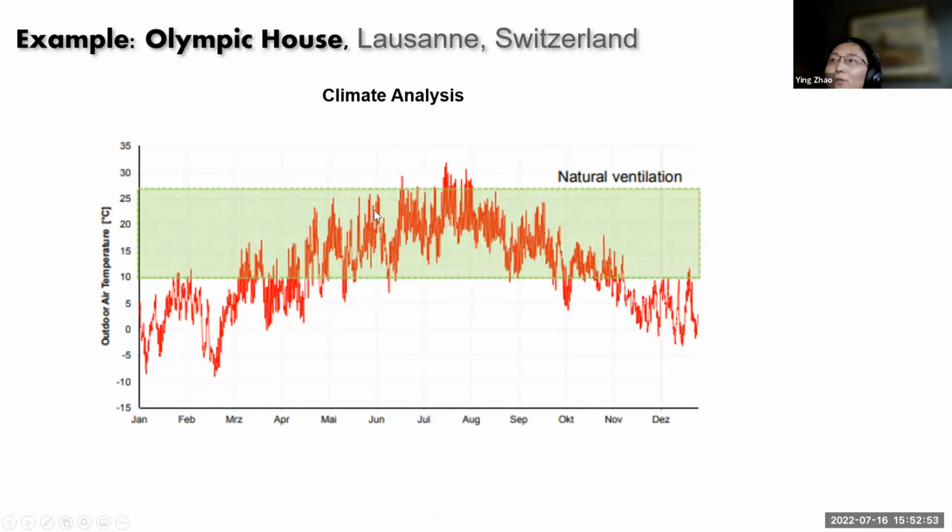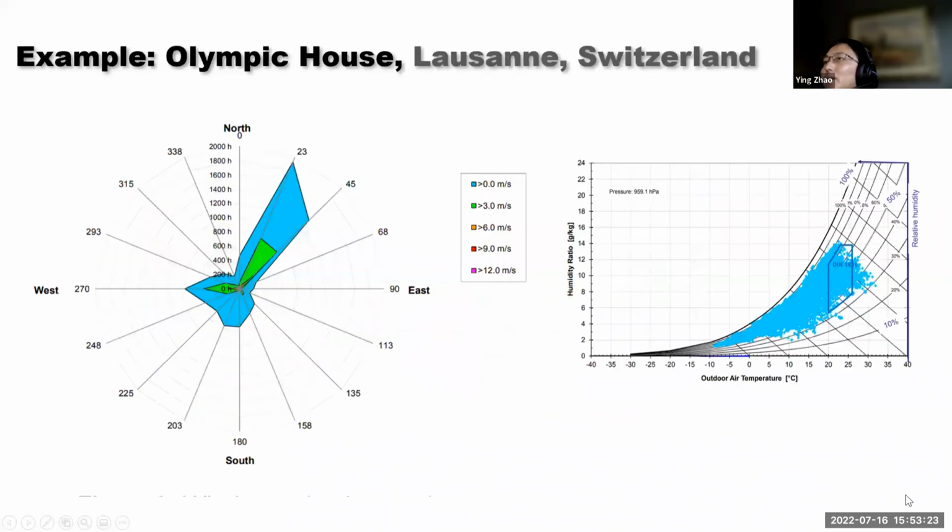So here I just show some information from this analysis. That's the chart of the whole-year air temperature data. You can see a lot of it is in the natural ventilation zone, which they determined is from 10 degrees to maybe 26 or 27 degrees, and then they analyzed the wind and the temperature.